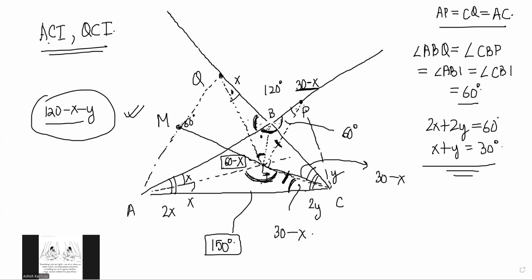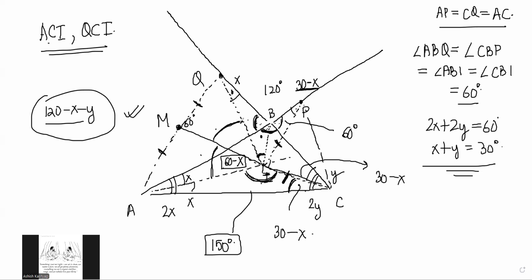Call it M. Since it's an isosceles triangle, it will become congruent, right? This will be the midpoint, correct? So angle AIM will be equal to angle QIM.